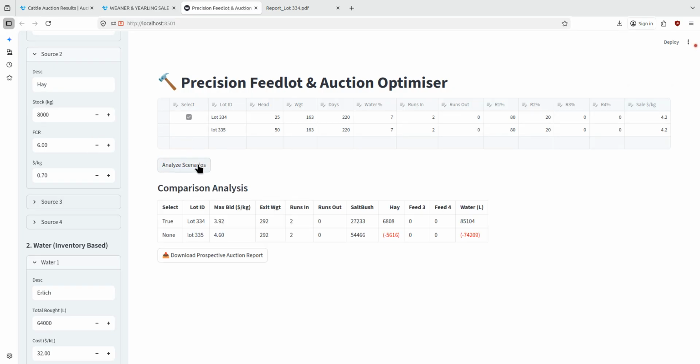And then do the scenario for this one. Obviously I need more hay now, so I've got to add 6,000 to that. That's 14,000, and water I've got to add 75,000.